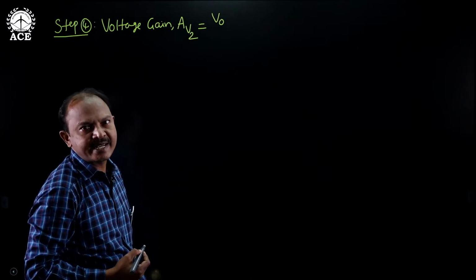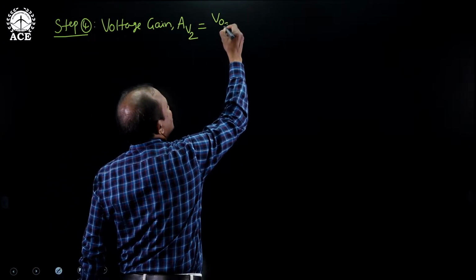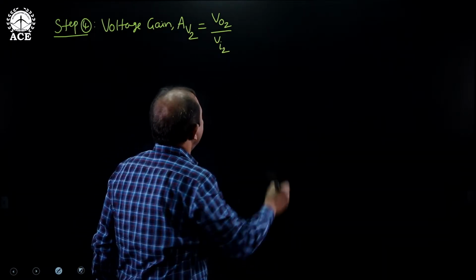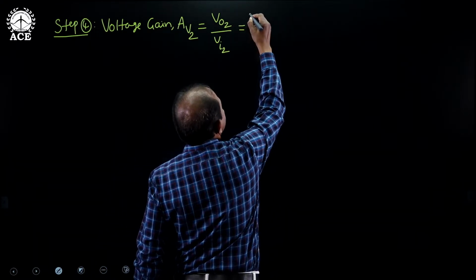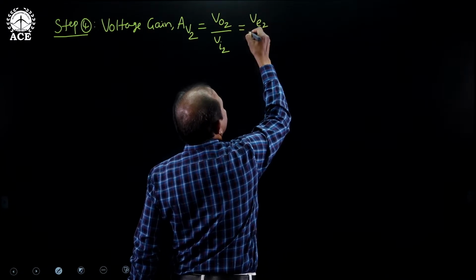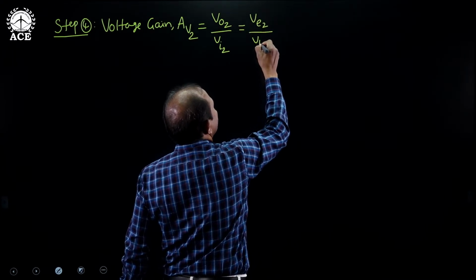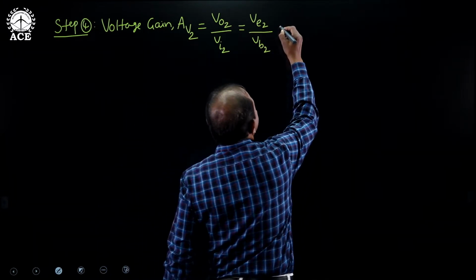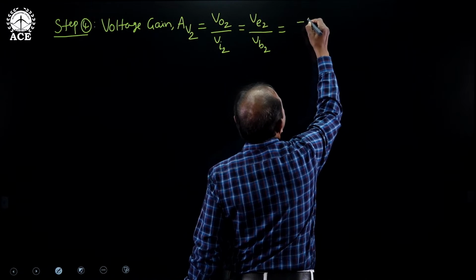Since we are talking about second stage, so I am writing it as V02 by Vi2. So this is, of course, V02 means VE2, Vi2 means VB2, where VE2 is minus IE2 RL2.